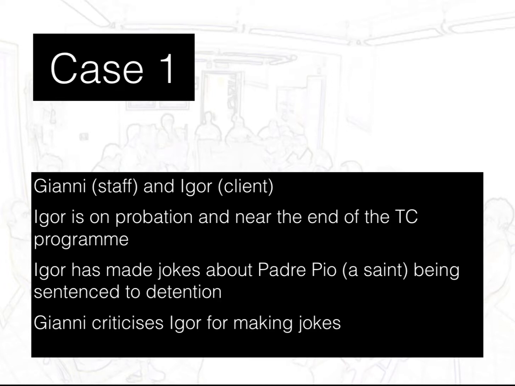Okay, so we are coming in at a point in the meeting where it's not the start of the meeting. We have been talking about various issues, and the client has been making jokes about a popular Italian saint, Padre Pio, and the joke was that the saint was sentenced to detention at this point. I'm going to remind you when it will be relevant to remember this detail.